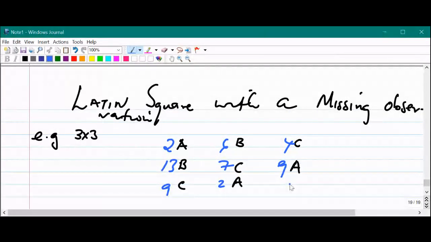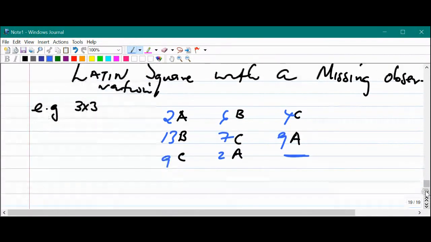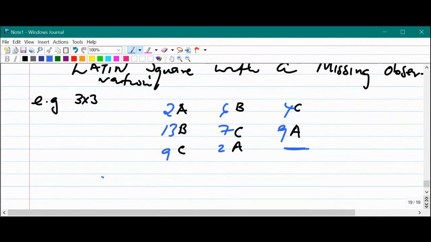We have a value missing here, isn't it? So let's estimate the missing value.